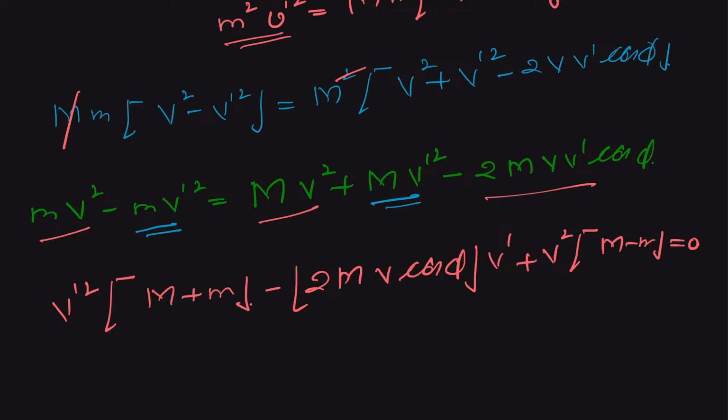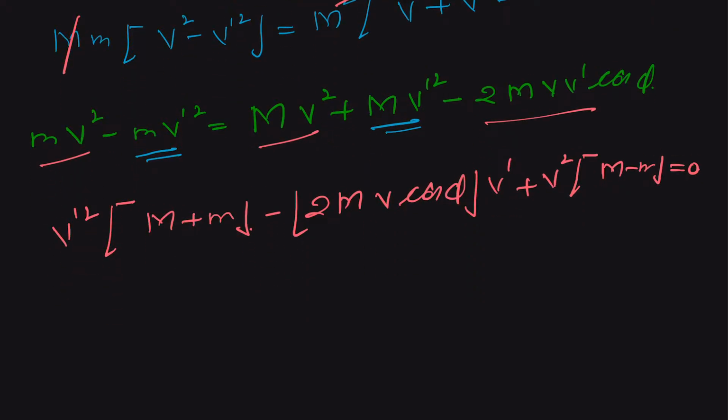So this is nothing but a quadratic in v prime. The solution of the quadratic equation is going to exist only if the discriminant is not negative.